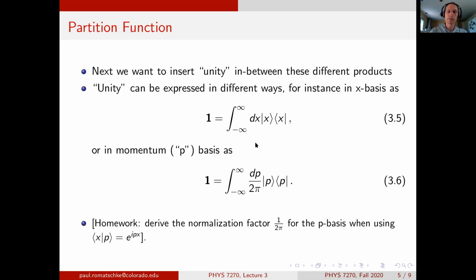You note that these different bases have different normalizations. There's a 2π here in the momentum basis. As homework, I will ask you to derive this normalization factor 1/(2π) for the momentum basis when using a normalization such that ⟨x|p⟩ is just e^(ipx).